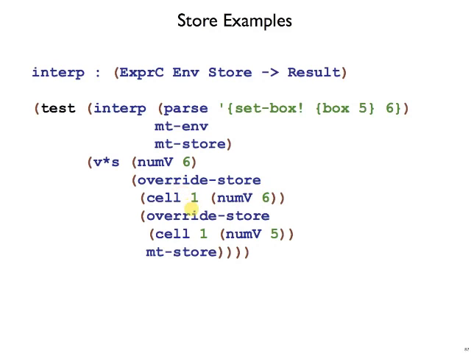So these overrides will pile up in much the same way that extra variables can pile up in the environment, but that's okay. We will always start from the beginning to look for the current value of a cell. And so if we looked for the value of this box inside the store, we would find that it's 6 before we find that it's 5. This program doesn't actually use unbox, but if an unbox is used, this is where it would look.